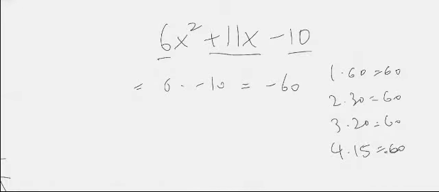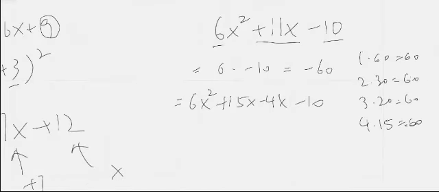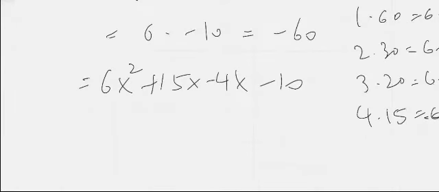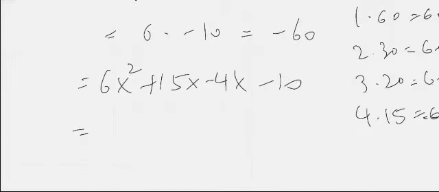So what we're going to do is just 6x squared plus 15x minus 4x minus 10. And now let's factor it. We'll first separate this into two terms, and then find a common factor between each of them. 6x squared and 15x both have x, and they both have a factor of 3.